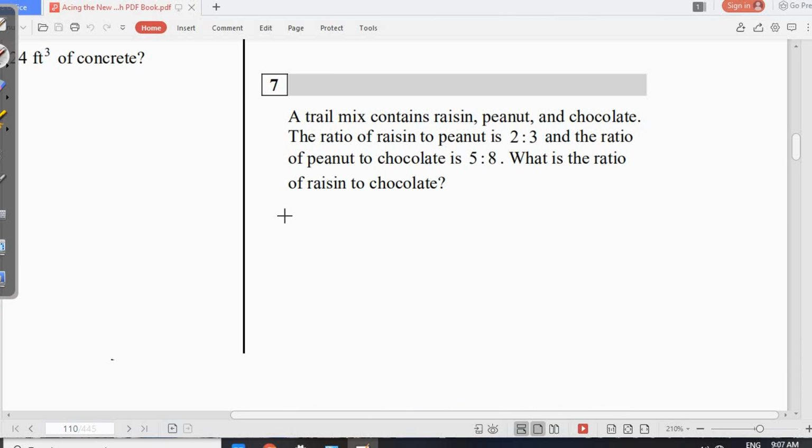It says a trail mix contains raisin, peanut, and chocolate. The ratio of raisin to peanut is 2 to 3. And the ratio of peanut to chocolate is 5 to 8. So let's just write it down. Ratio of raisin to peanut is 2 over 3, and the ratio of peanut to chocolate is 5 over 8.